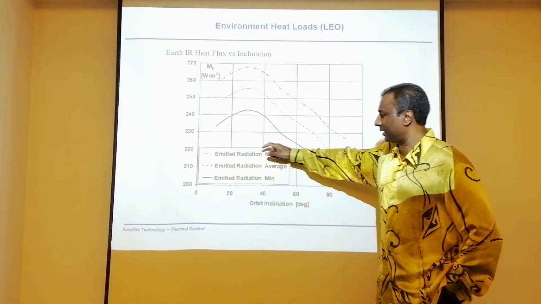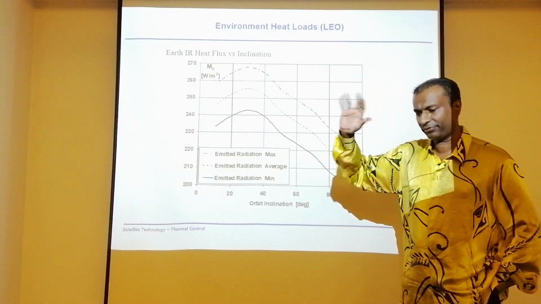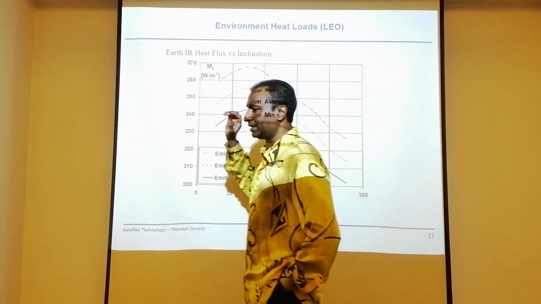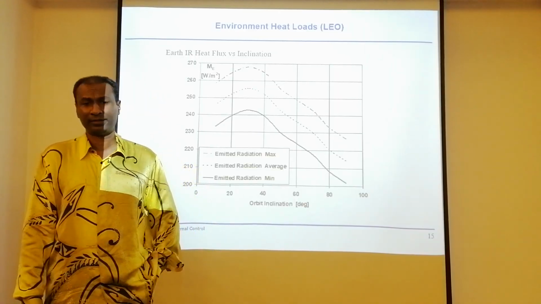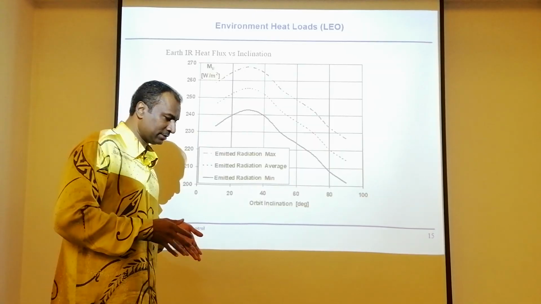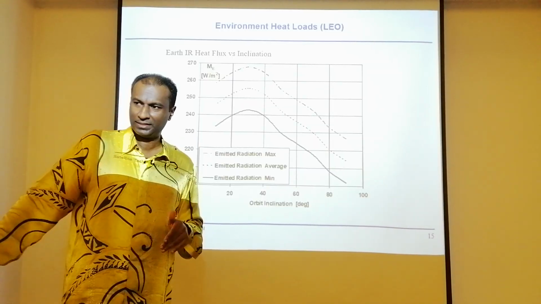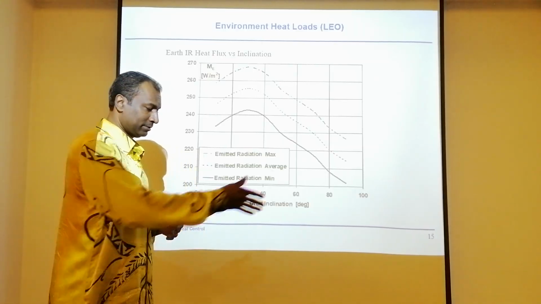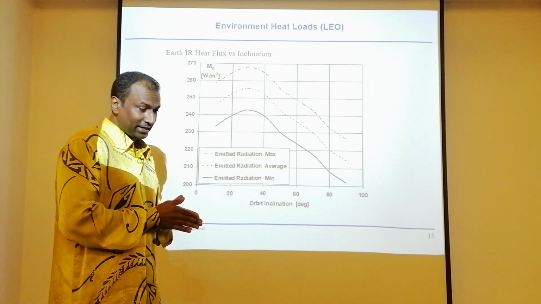Now, if you look at it at 23.3, 23.4 degrees, it looks like we have a maximum Earth infrared effect, I would say. It is true. Why is that? Same condition. I'm here, the elliptic plane, the sun is at the back, the satellite, and that is planet Earth. I told you, I am basically right.